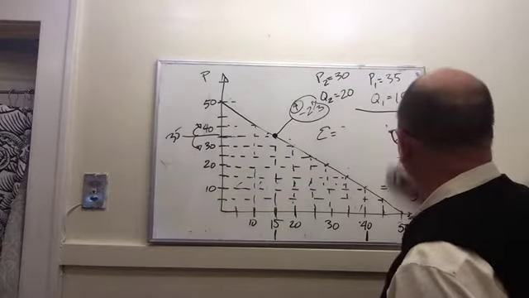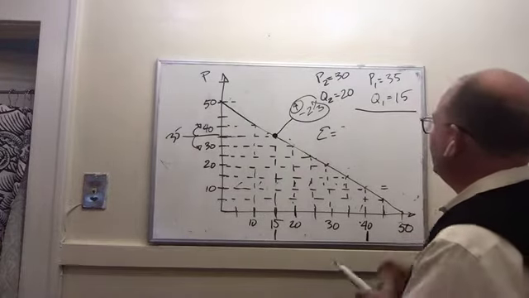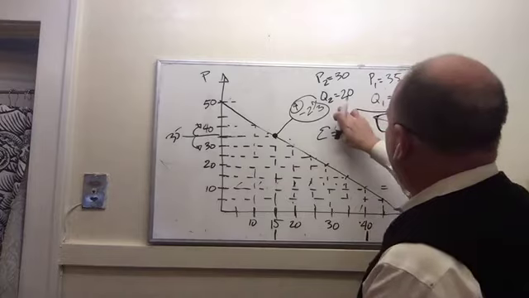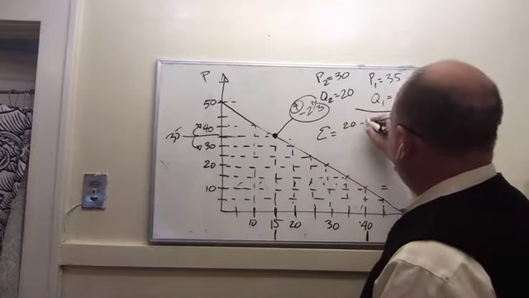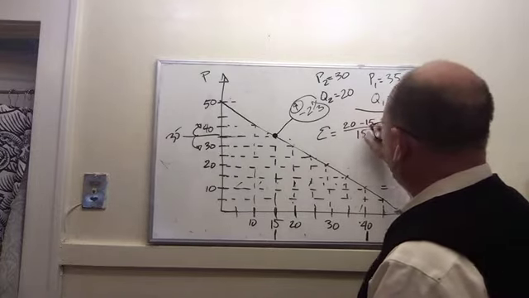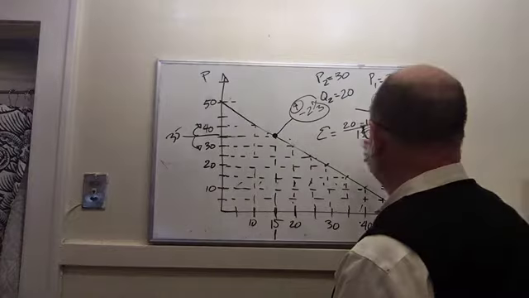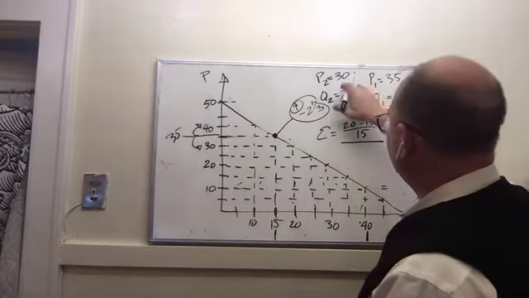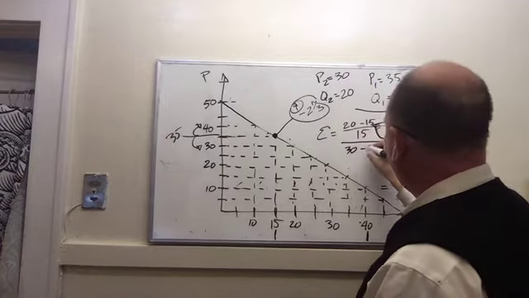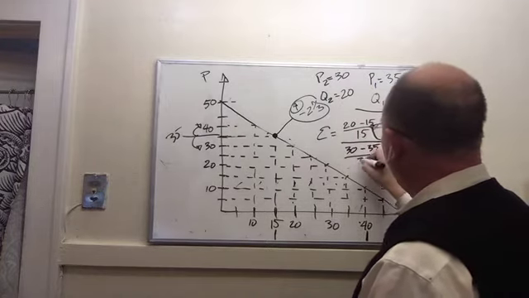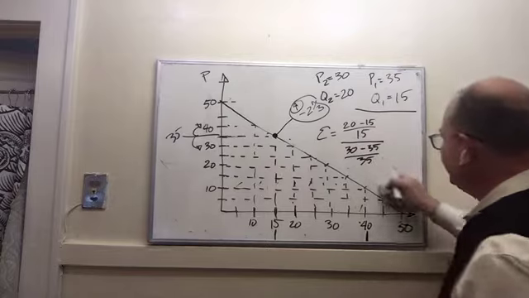So we go through and do some math here. We have our new 20 minus 15 over 15, our new minus our old divided by our old, times 100. The hundreds will cancel. All of this is going to be over 30 minus 35 over 35.